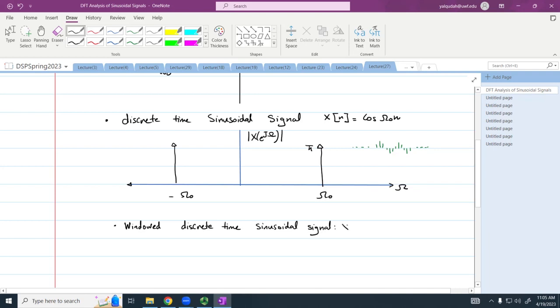And in this case, we have xw of n equal to w of n multiplied by cosine omega 0 n. Does that make sense?